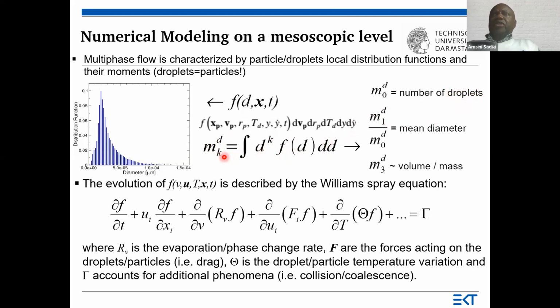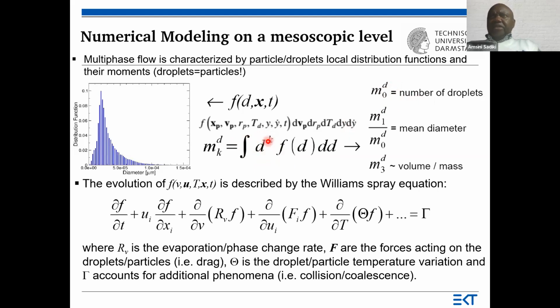If k is equal to 1, then this quantity is the mean diameter, and we can also normalize it by the number of droplets, then we have this ratio. If we have 2, then it is a surface, and we can normalize it also by the number of droplets.